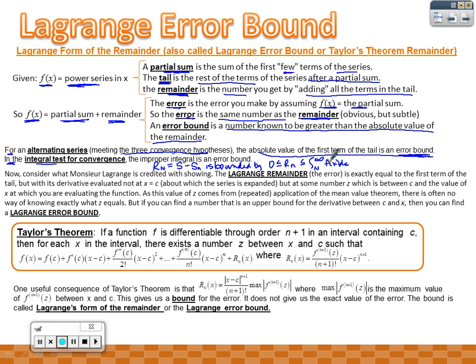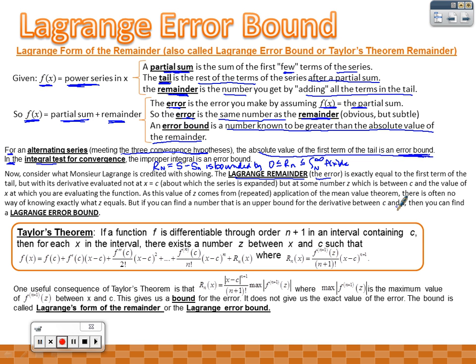Now we're going to talk about Lagrange. So Lagrange covers everything else. It's named after him. It's called the Lagrange remainder, or the error.